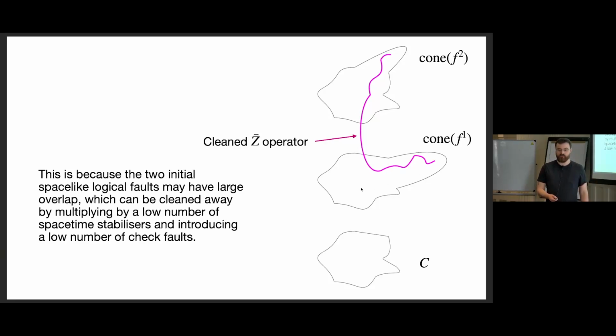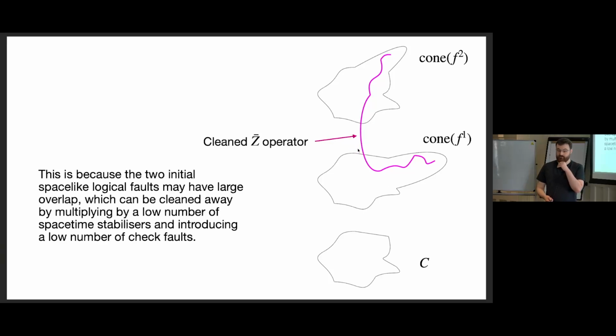So if I had some space-like fault here and then I had another space-like fault up top, then when I clean these by multiplying by space-time stabilizers and introduce some new check errors instead, because these could overlap quite a lot on qubits in the space-like sense, then if I have, for example, the surface code or something like that, all of these space-like faults could result in a very low number of checks that are flipped by that.